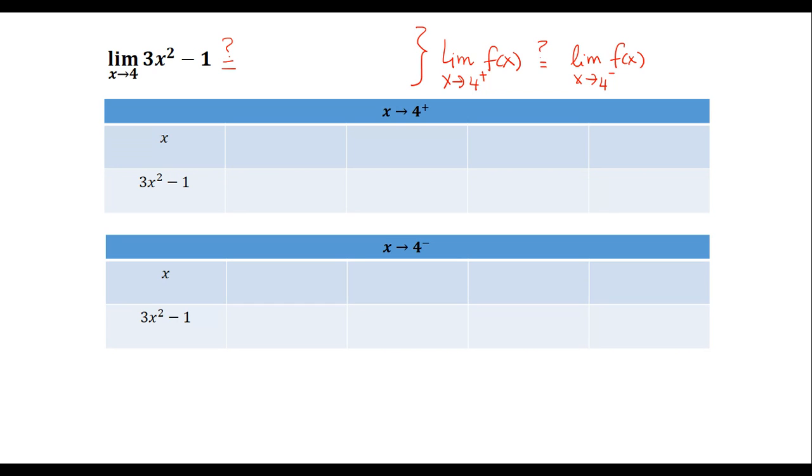If this is the same, then we can safely say that our limit exists. So how do we check whether it's similar?